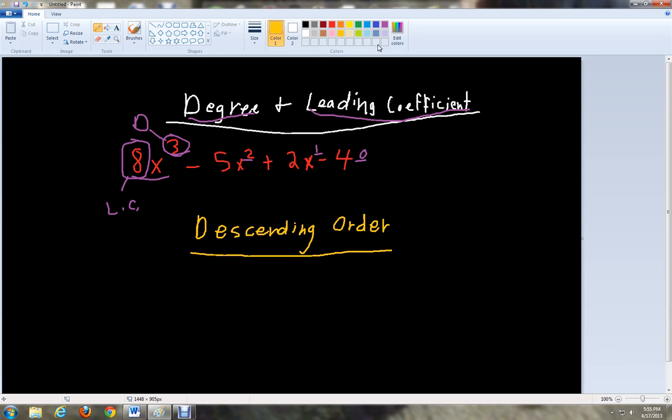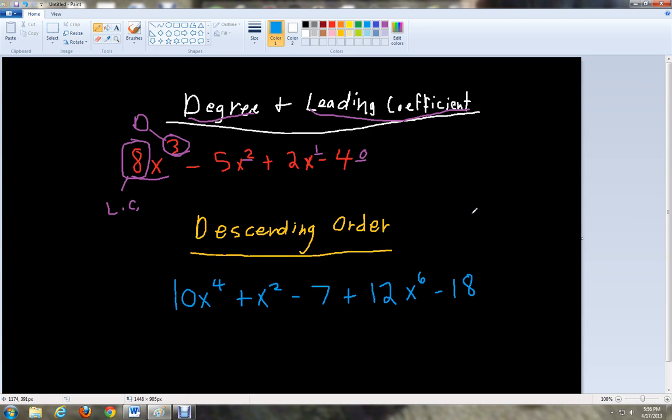So let's say, for example, you have 10x to the fourth plus x squared minus 7 plus 12x to the 6 minus 18.